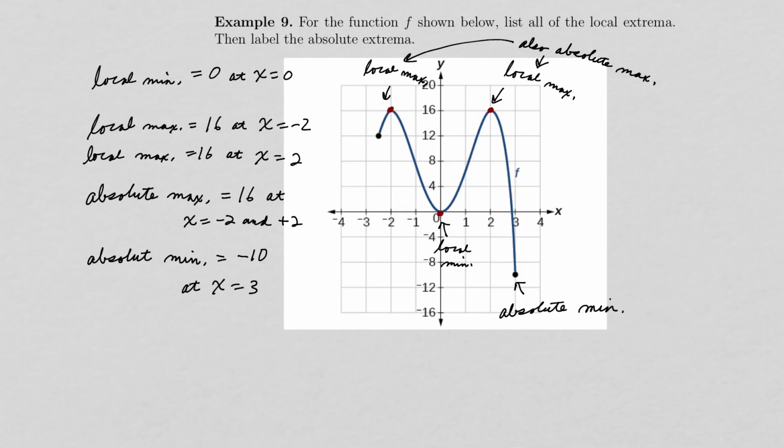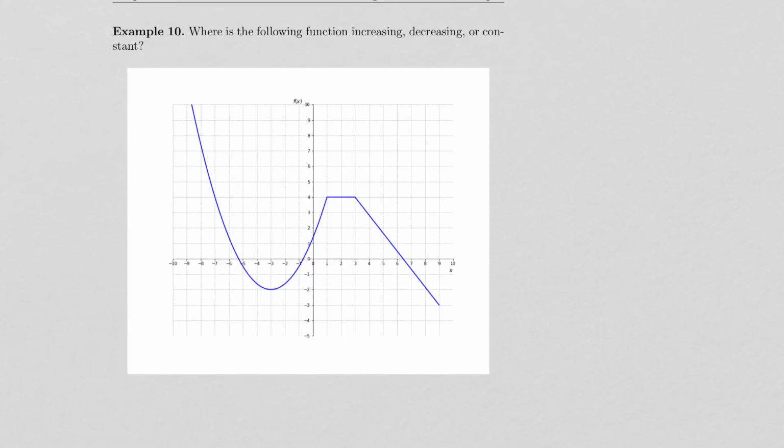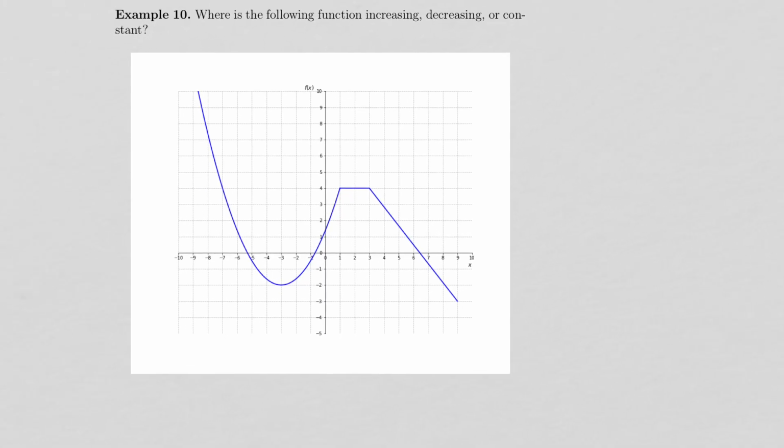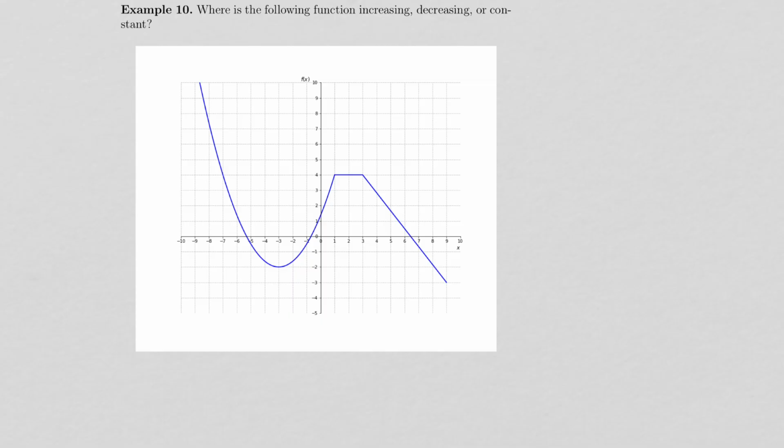Okay, and then here we'll do one more example. Go back to increasing and decreasing. So here's this function. Where is it increasing or decreasing? Again, I'm assuming it's going forever. I didn't draw this here, but assume it doesn't stop.